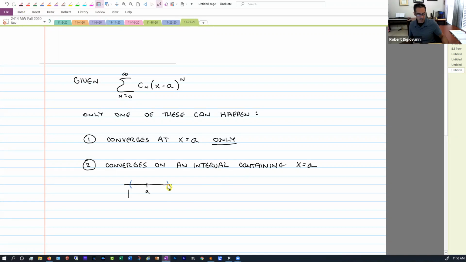Do y'all know that the parentheses mean we do not include the endpoints? Yes, okay. So we could have that happen. Brackets mean we include the two endpoints. We could have a half open interval where maybe the left side doesn't include and the right side does include. And the last possibility would be the other half open interval.